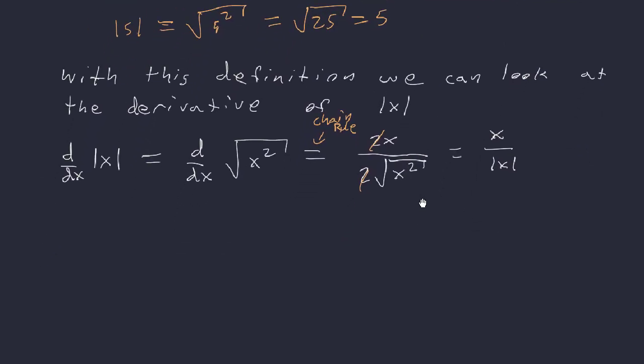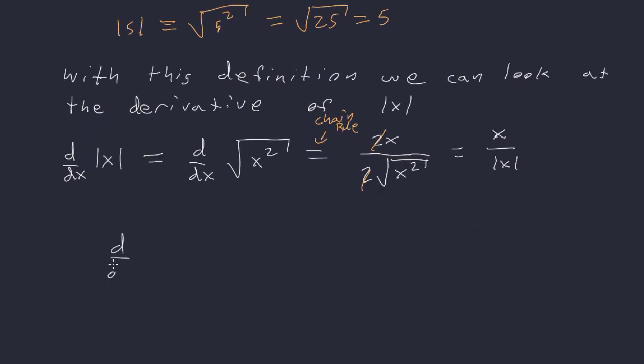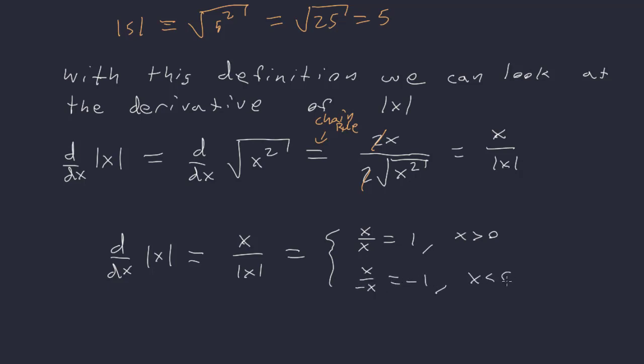Okay, so it turns out that the derivative with respect to x of the absolute value of x is x over the absolute value of x. When x is strictly positive, you get x over x, which is 1, and when x is negative, you get x over negative x, which is negative 1.